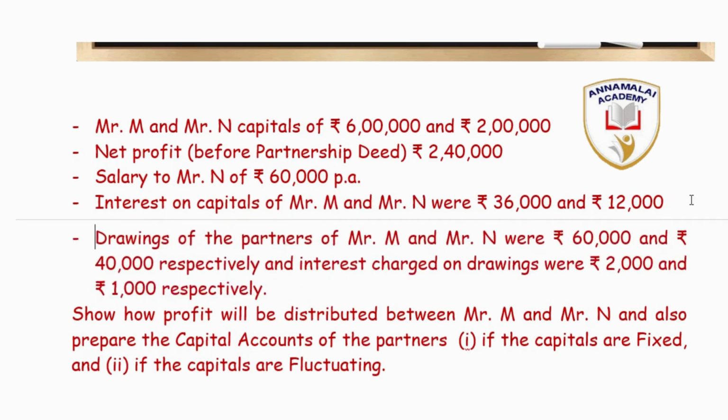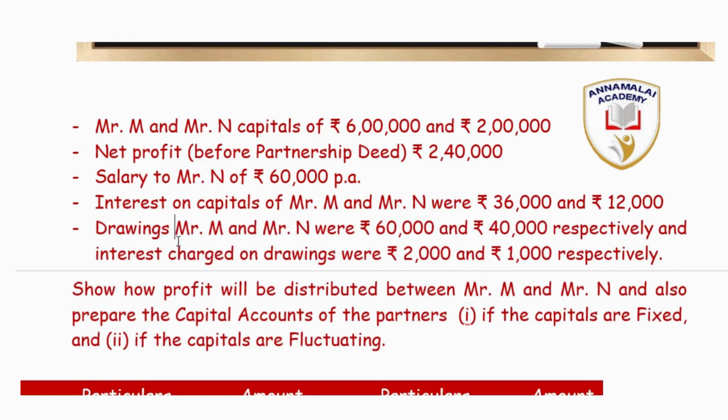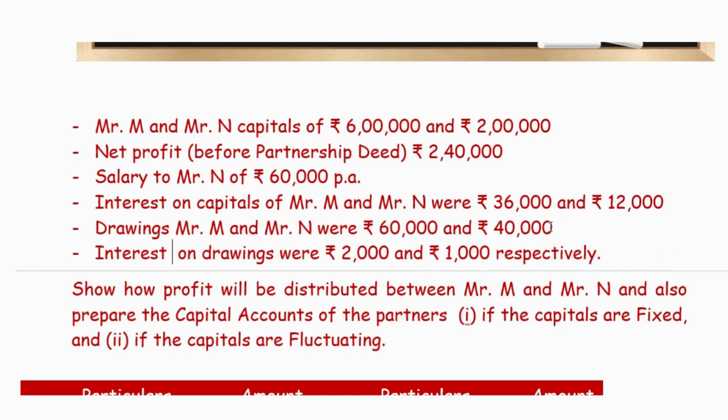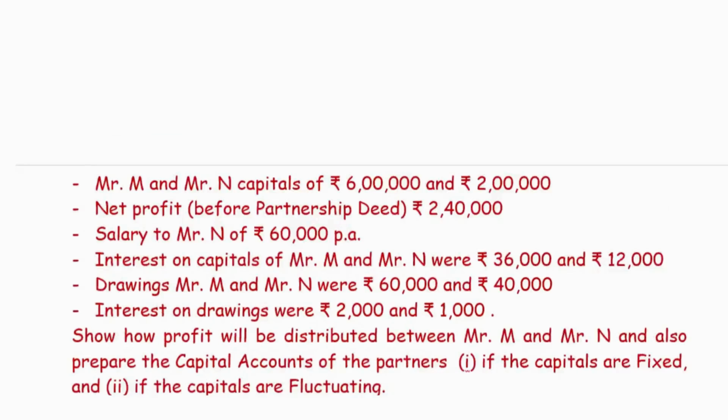The drawings amount is also given. Drawings of the partners are 60,000 and 40,000, and interest on drawings is also given in amount, not as a percentage. Here in this question we are asked to show the profit distributed, how it will be distributed to the partners.